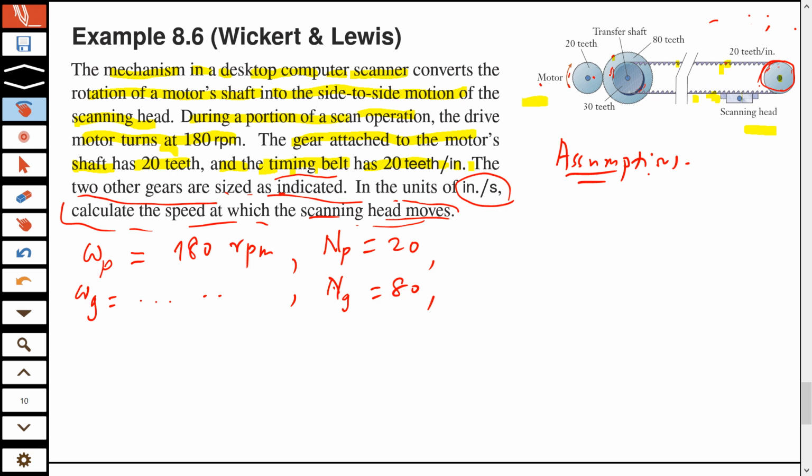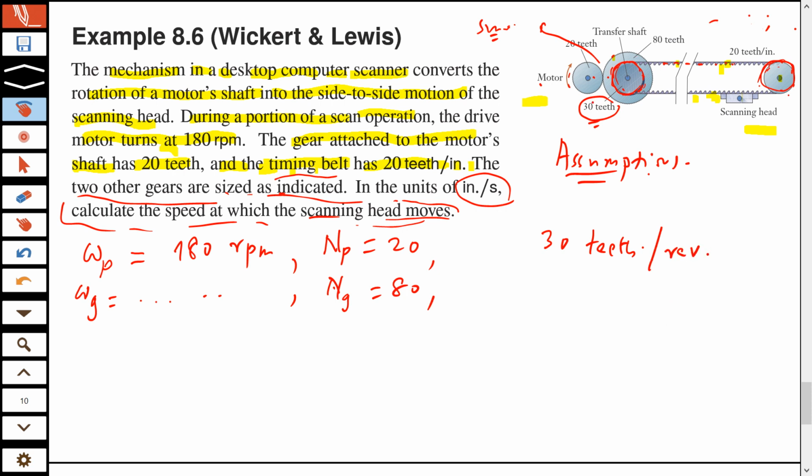So these two gears, they must operate smoothly. We already know that. And this timing belt must operate smoothly with this gear, and of course with this pulley. So now we should focus on this gear, which has 30 teeth. So the 30 teeth of this gear are in one revolution.